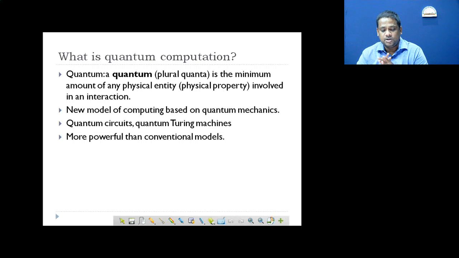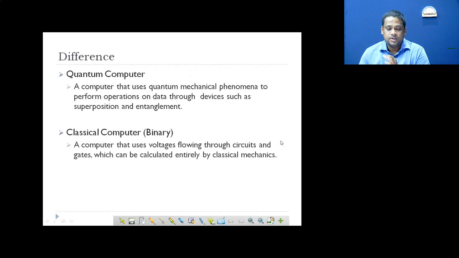This is a new model of computing, which is based on quantum mechanics and involves quantum circuits, quantum Turing machines, etc. It is more powerful than the conventional models we are using in the current day. The basic difference between the quantum computer and the classical binary computer which we use in our day-to-day life is that the quantum computer uses quantum mechanical phenomena such as superposition and entanglement to perform operations on data.